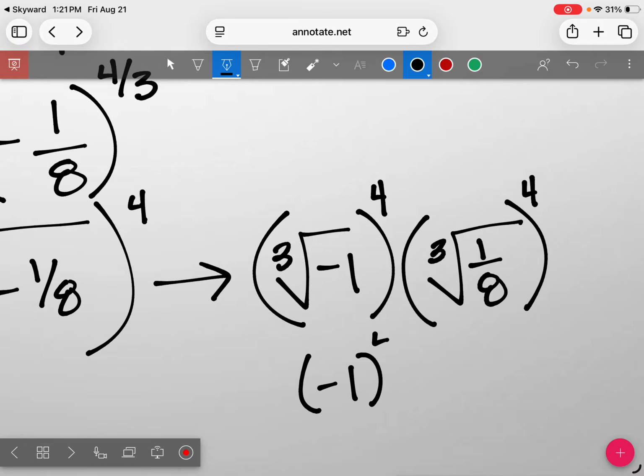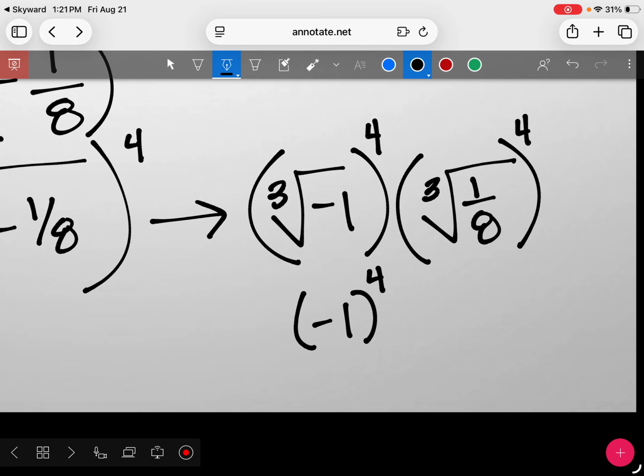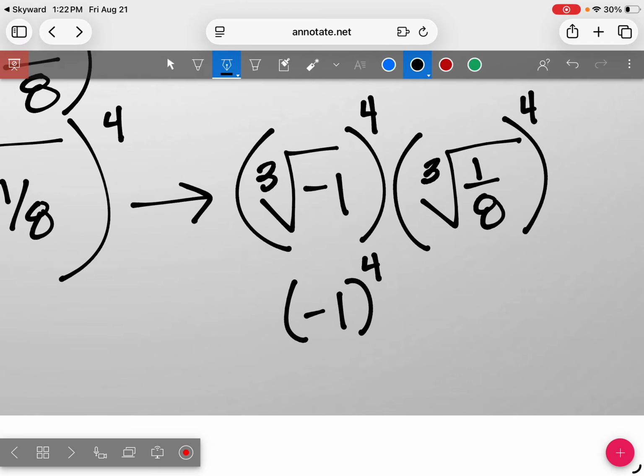But we're going to raise that to the power of 4. And what's negative 1 times negative 1 times negative 1 times negative 1? We just got to figure out, is it a positive 1 or is it a negative 1? If you're not sure, type it in your calculator with parentheses. But it is positive. Good.